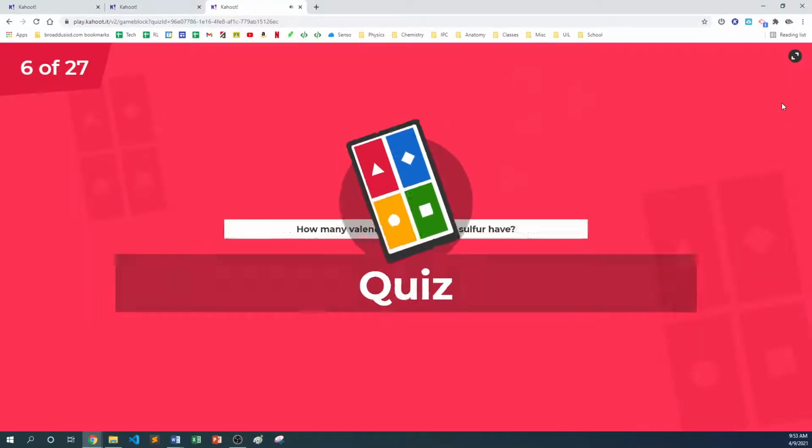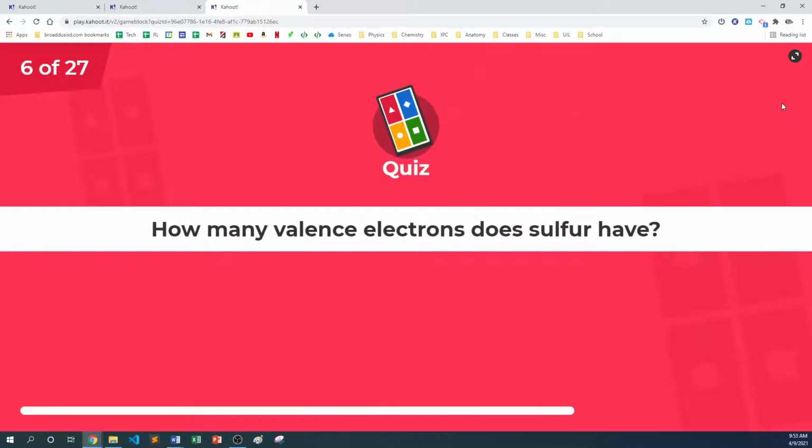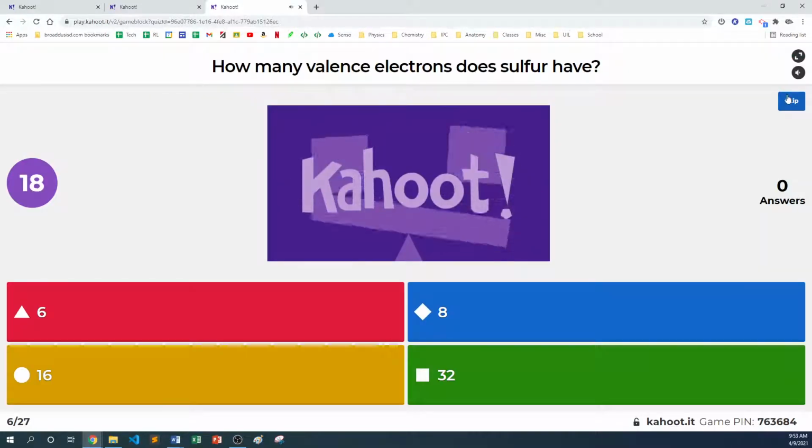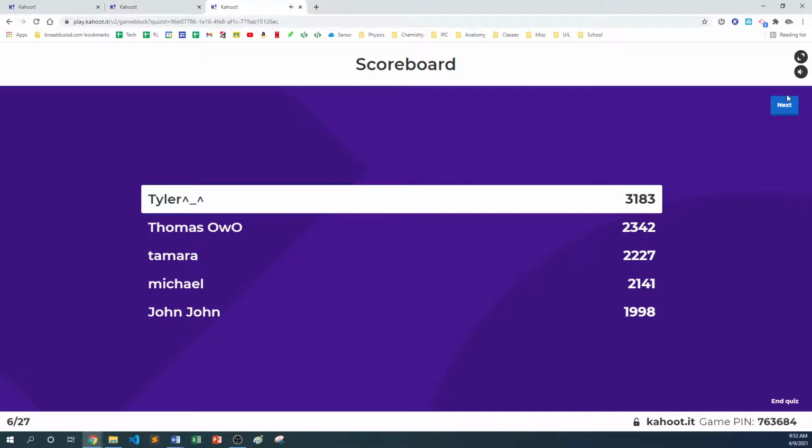How many valence electrons does sulfur have? Which one's sulfur?